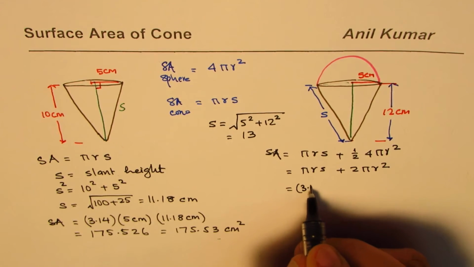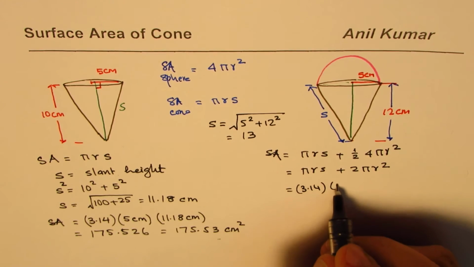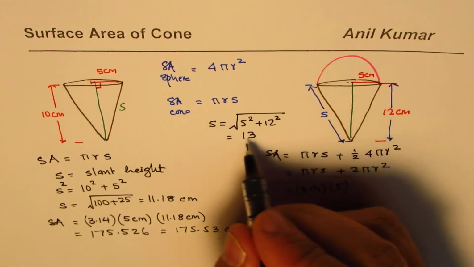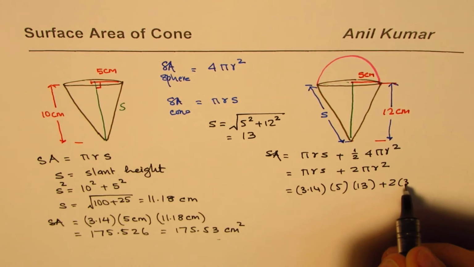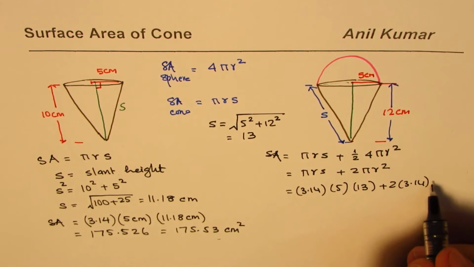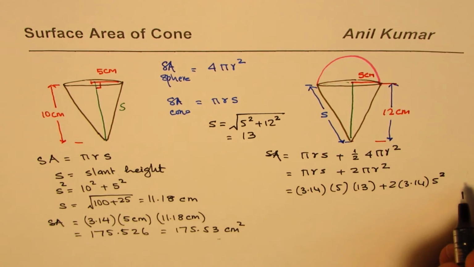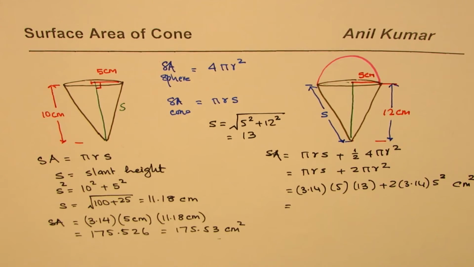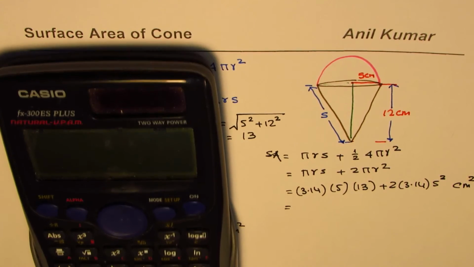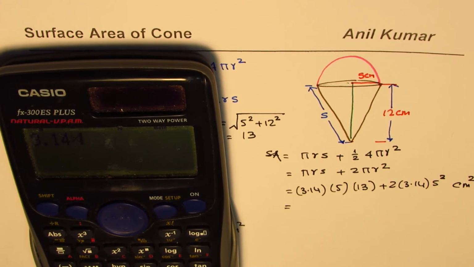Pi is 3.14, radius is 5, s we calculated as 13, plus 2 times 3.14 times the radius squared, which is 5 squared. Units will be centimeters squared.